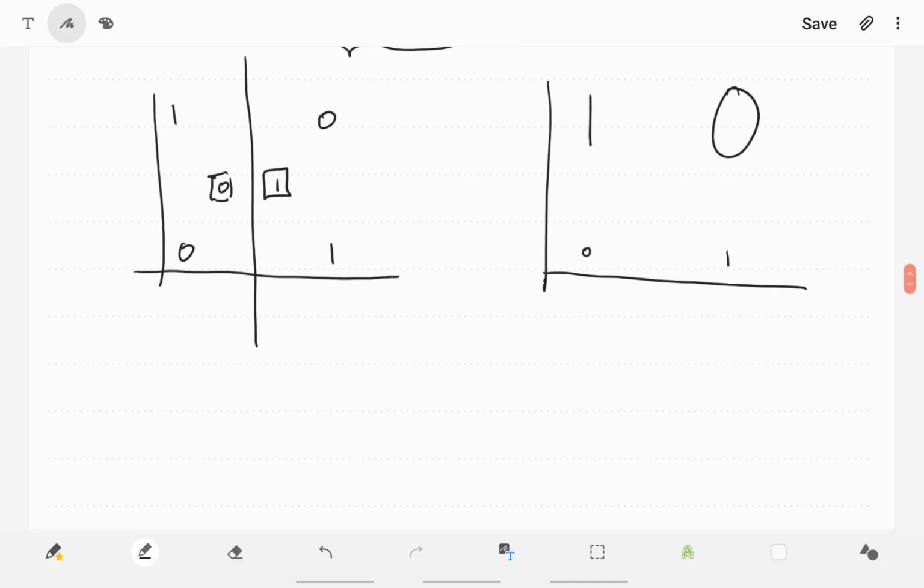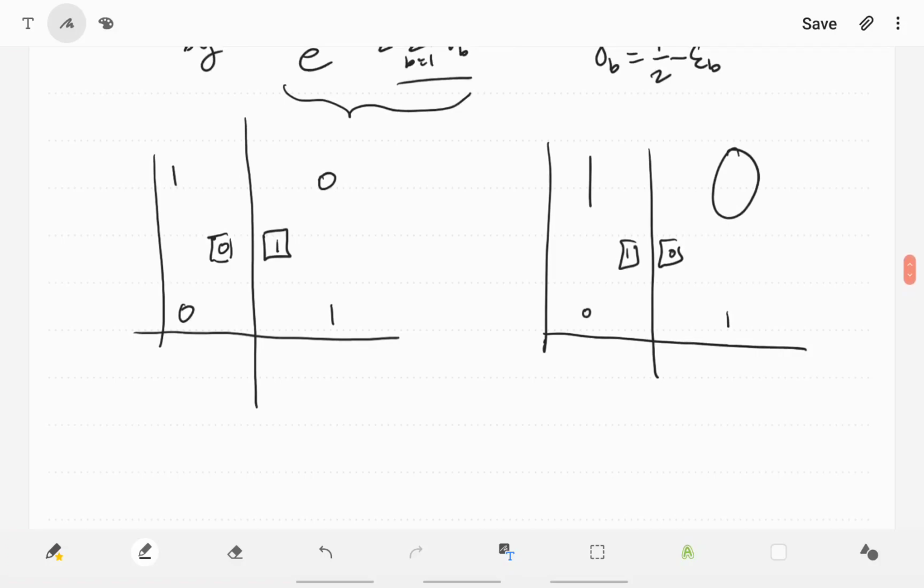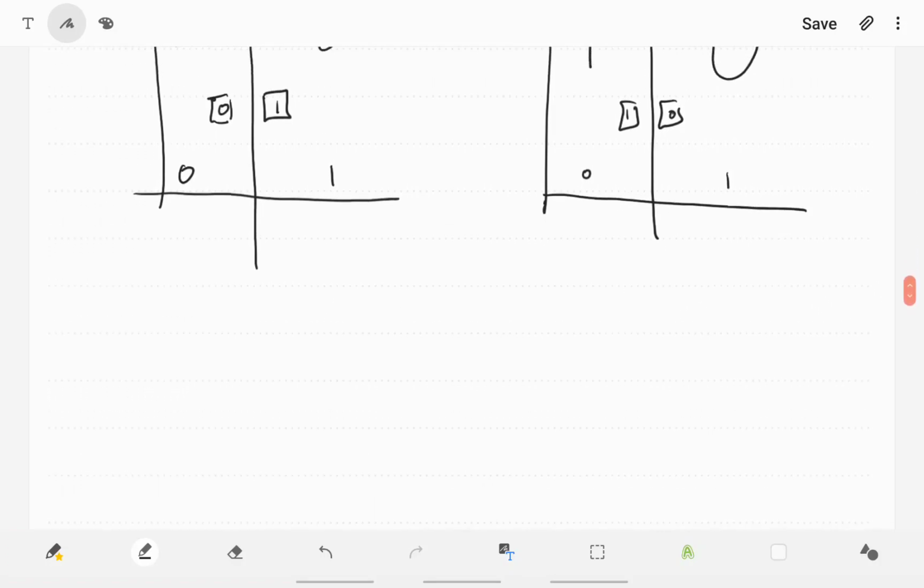Okay, so the next thing that we would probably do is split down the middle again and predict this side to be 1 and this side to be 0. And then you're back to square 1, where you have everything being equally weighted.